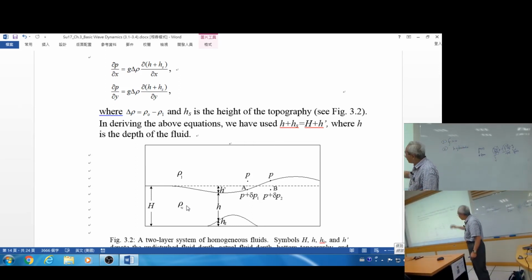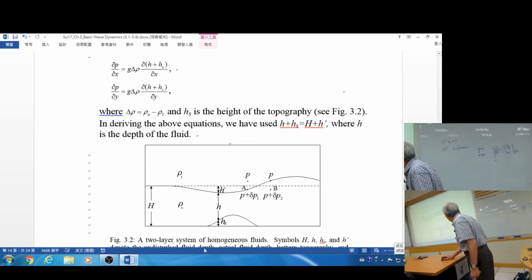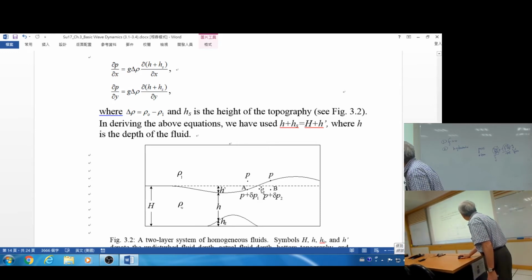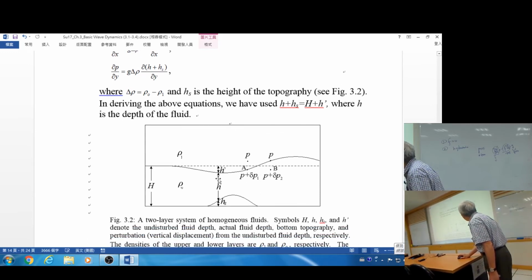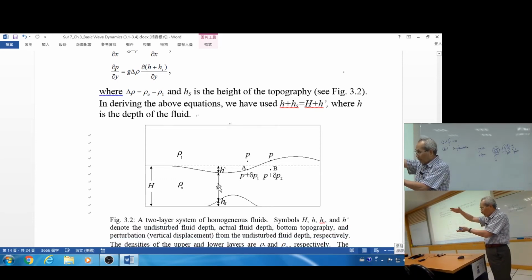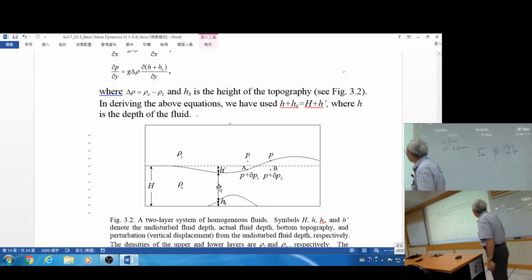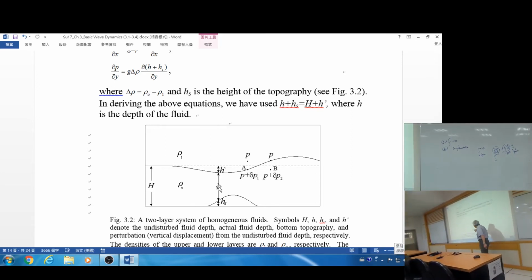Okay, so now if we consider this H is the depth of the fluid, and this H sub S is mountain height. Mountain height here is smaller, here is larger.